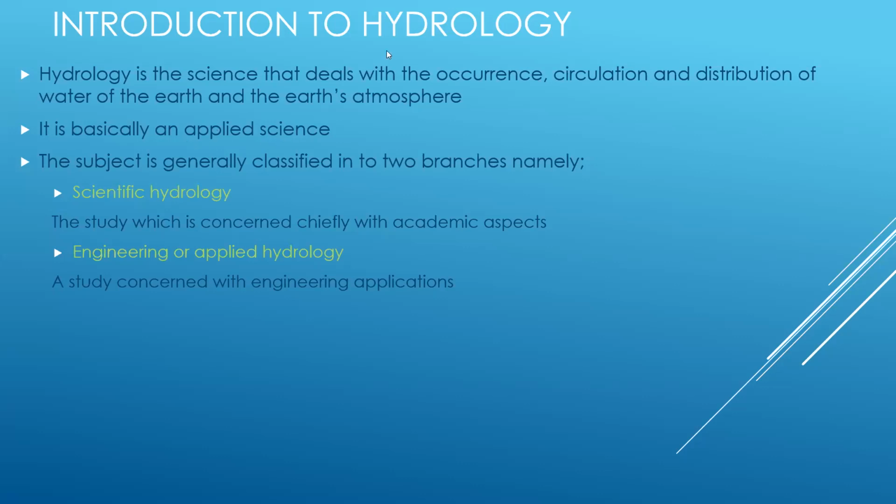The field of science has two branches. One is pure science, the other one is applied science. Most of the engineering subjects come under applied science. The subject of hydrology also has two branches. The first one is scientific hydrology.